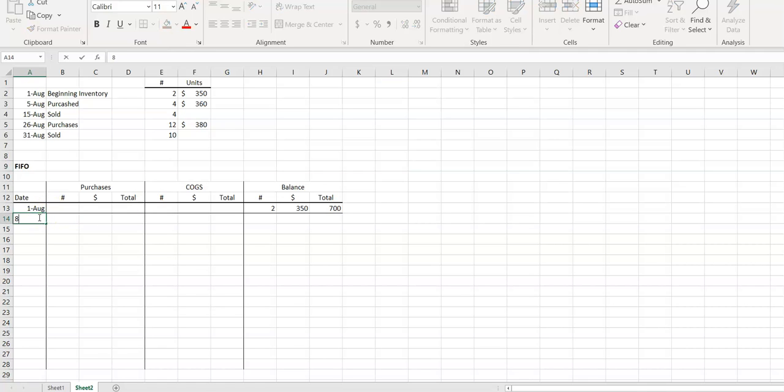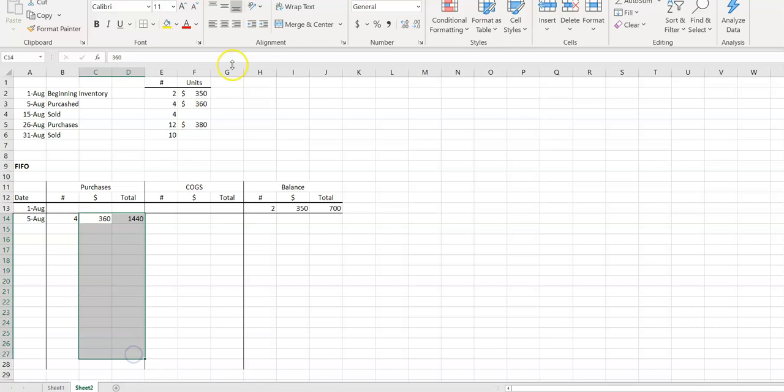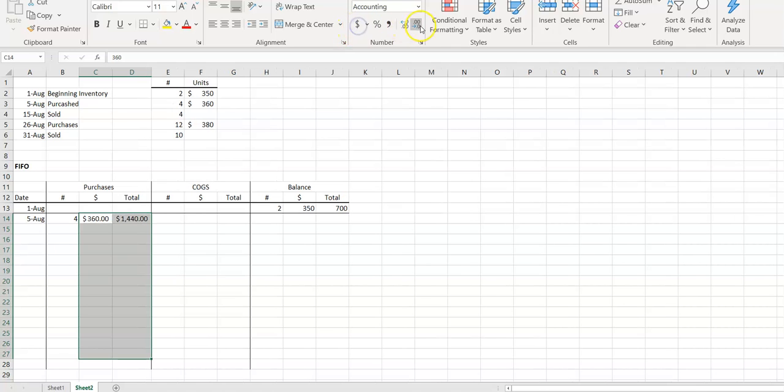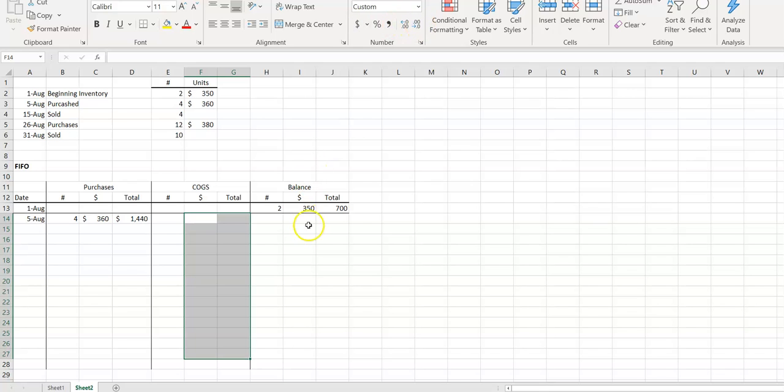All right, August the 5th, we bought 4 units at $360. Just multiply to get the total. Okay, now before you put it over in inventory, I should have done this already. You need to bring down what is already there.